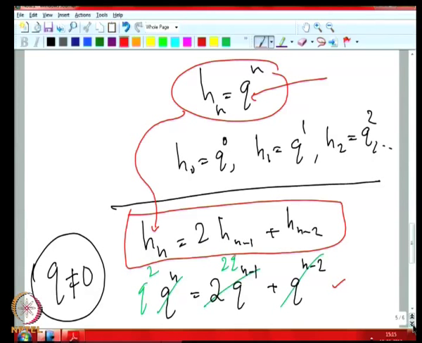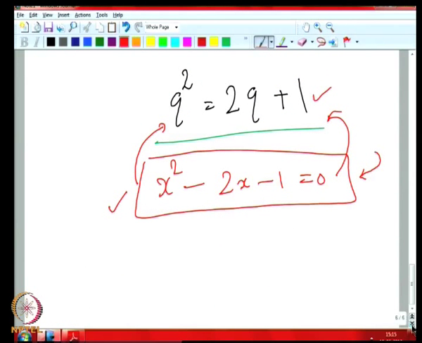The only worry is that there will be some initial condition which may not be satisfied. You know that q to the power n, with that particular q coming from this equation, will satisfy the recurrence, but we also need that h0 is equal to a certain thing.